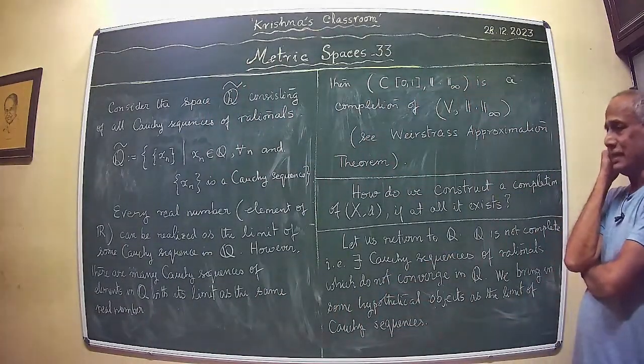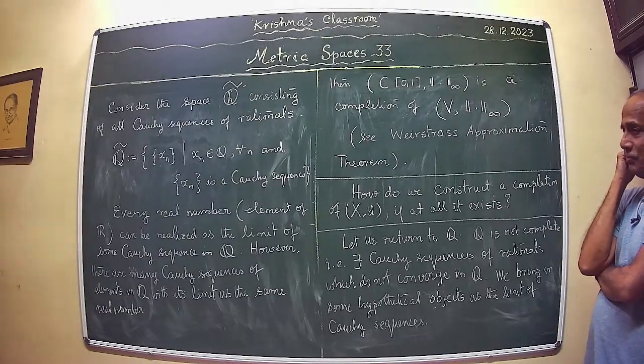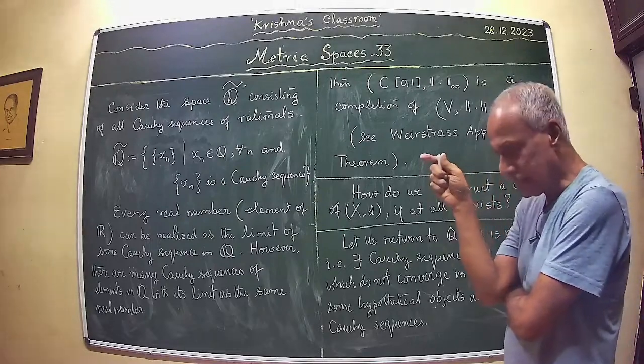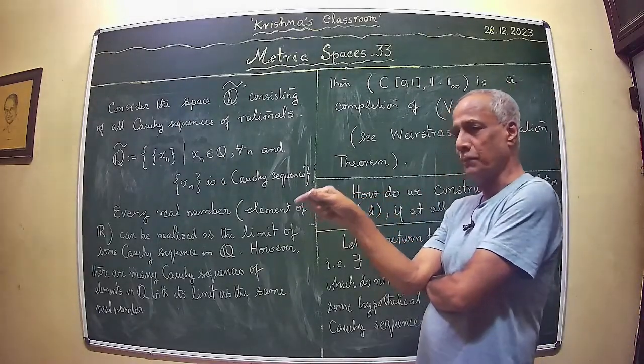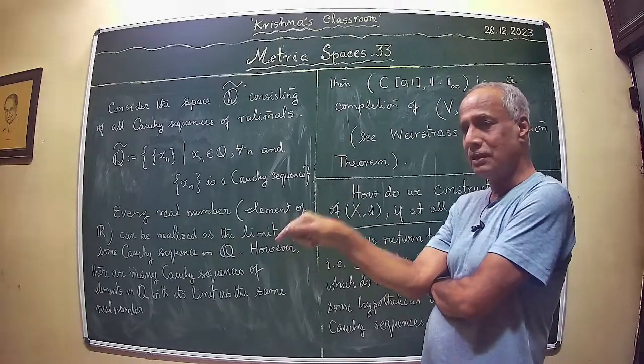Here you see that the various rational sequences which represent the same real number are related to one another.